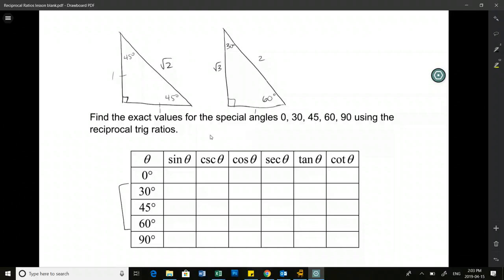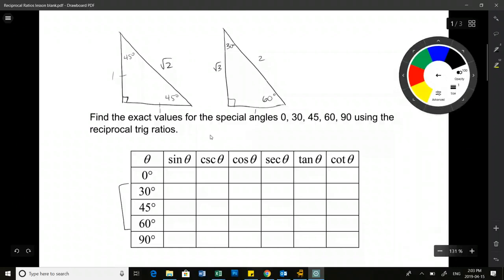Okay, so we're going to start with 30 as our reference angle here. And if 30 is our reference angle, we'll label our sides based on that. So we'd have adjacent, hypotenuse, and opposite here.